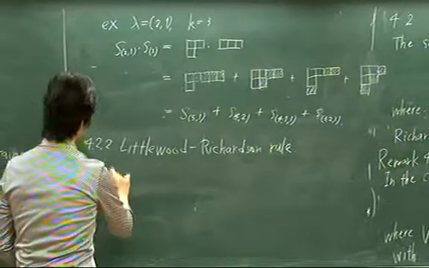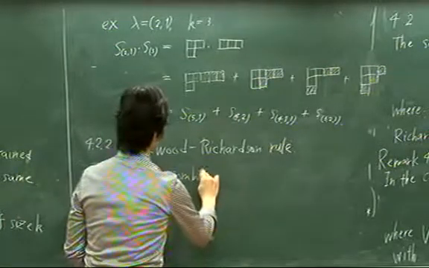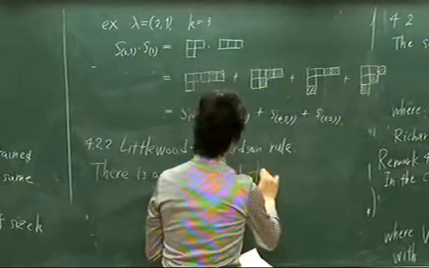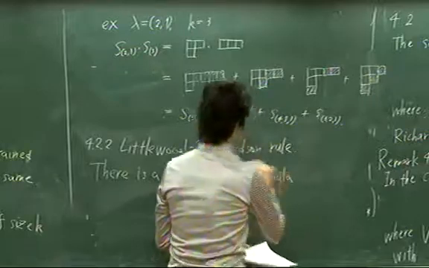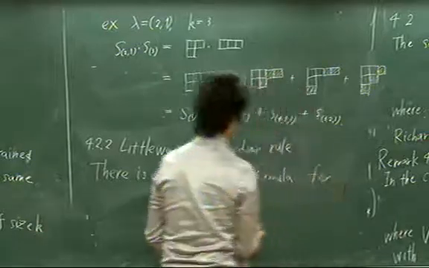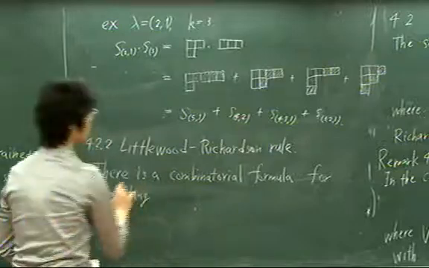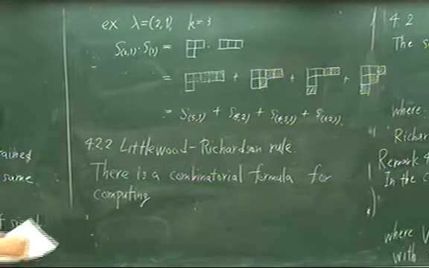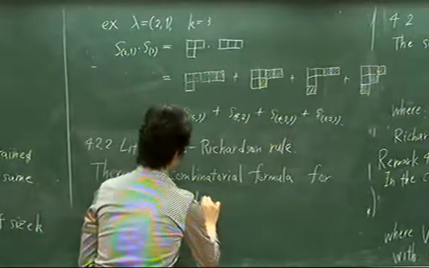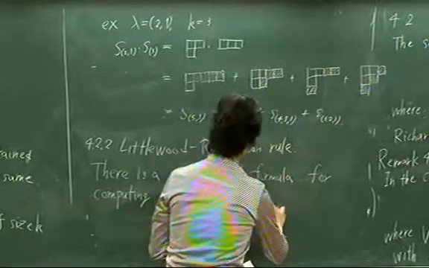There is a combinatorial formula for computing the LR coefficient d lambda mu nu, known as the Littlewood-Richardson rule.